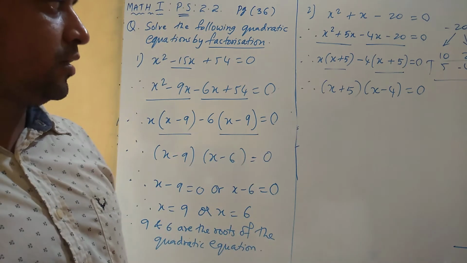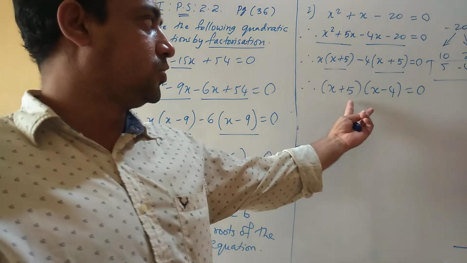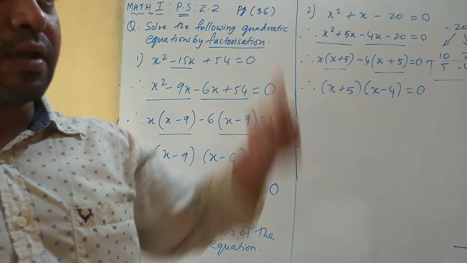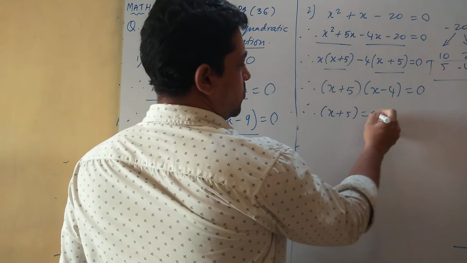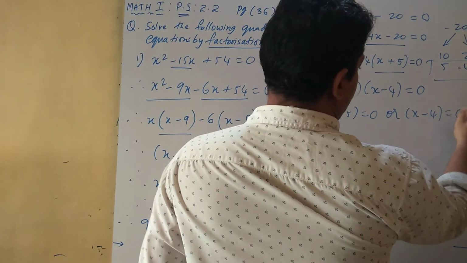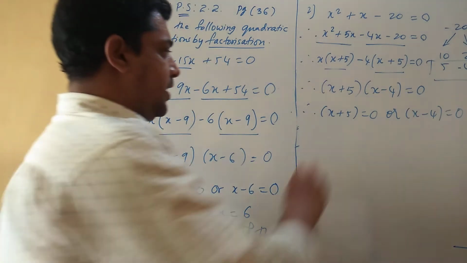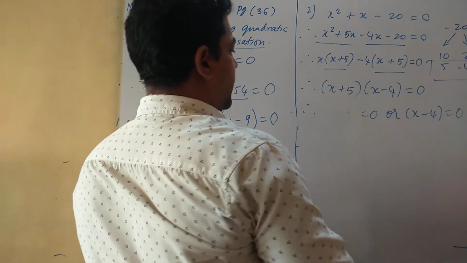Now again the same thing. One of these numbers should be 0. Why? Because if the product of two numbers is 0, then one of the numbers is 0. So again I write x plus 5 is equal to 0, or x minus 4 is equal to 0. No need to write the brackets; you can write it like this also.